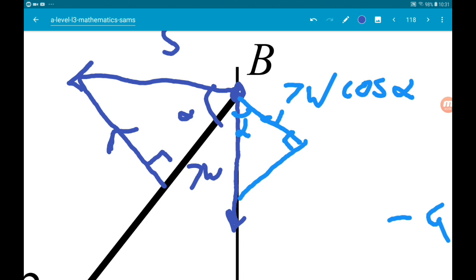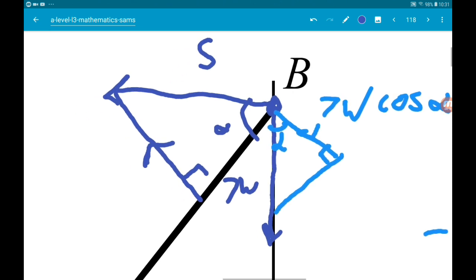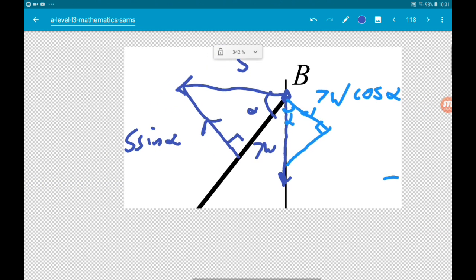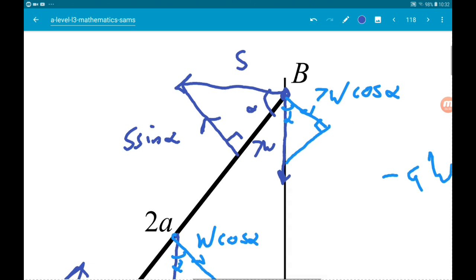So sine of alpha is that length over S, so that length is S sine alpha. So that's the perpendicular force acting on the ladder from the wall. So the moment from that is acting anti-clockwise, so it's positive, and it's 2A away from the point on the ground.